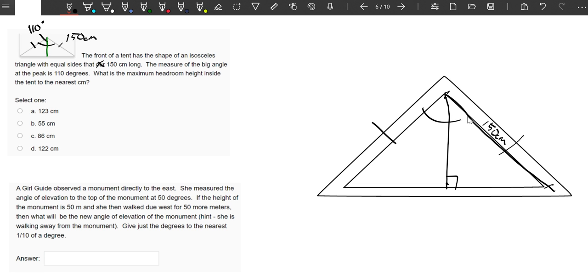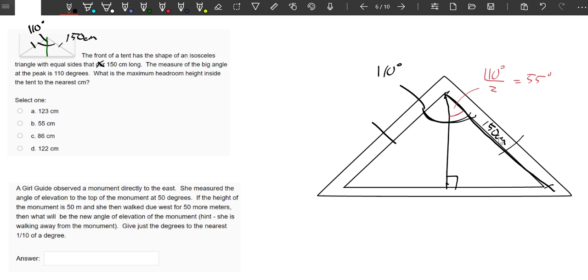So this angle here is 110, which means that each half angle, so inside this little bit right here, is 110 over 2. And half of 110 is obviously going to be 55. So the big angle there, from here all the way to here, that was 110 degrees, and half of it is 55.